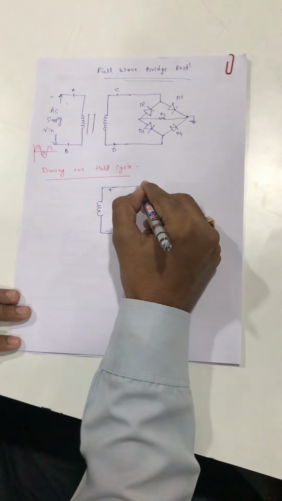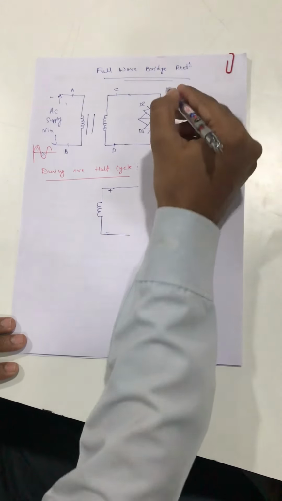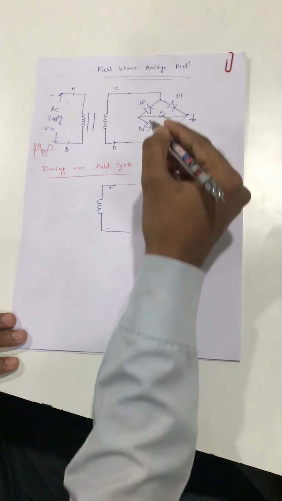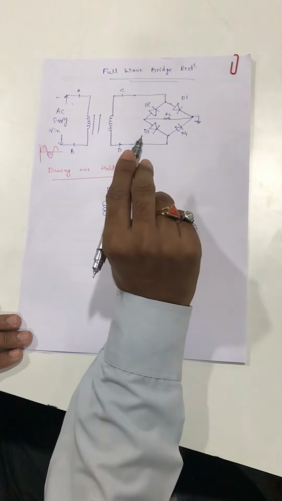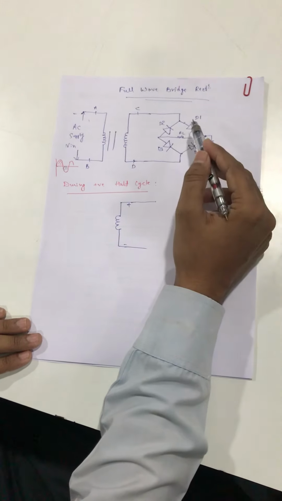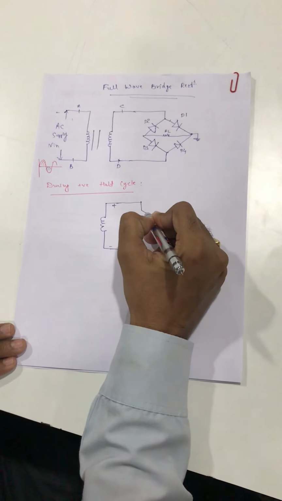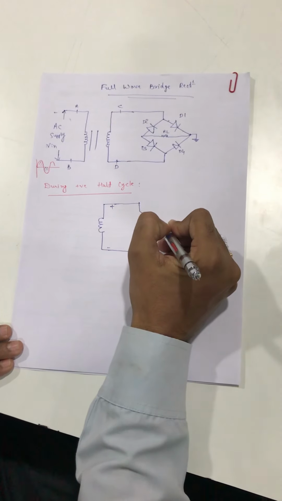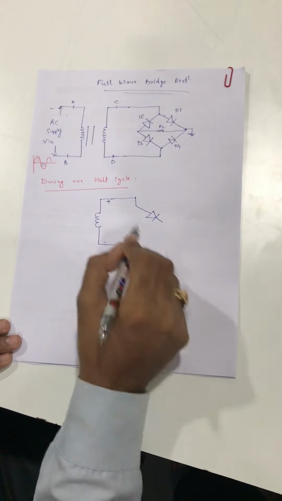Which diode will be on? As per the diode convention, this is our anode and this is our cathode, so for each diode we know the anode and cathode part. Here, diode D1 will be forward biased and hence it will be on.